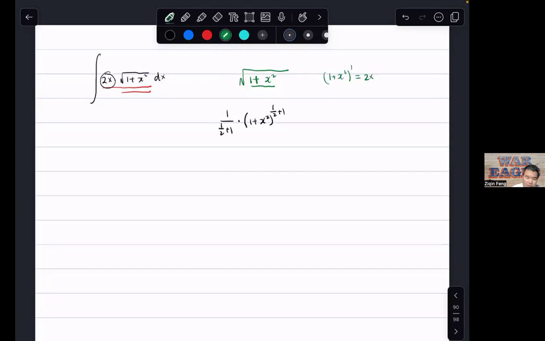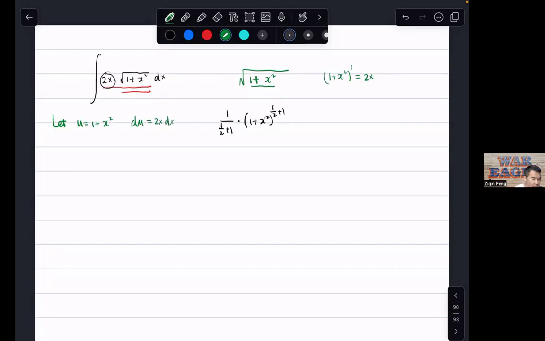So the standard procedure here is we just give a name for the inner function. So let's do a substitution here, right? Let u equal to 1 plus x squared, which is the inner function. Then du is 2x dx, a differential of u, 2x dx.